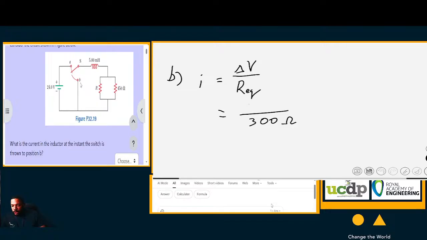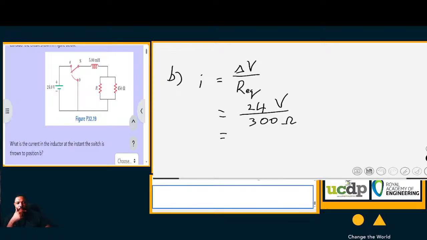And the voltage is 24, not 25, 24 volts. So 2 car batteries, 24 volts. So 24 divided by 300, let's check. 24 divided by 300, 0.08.